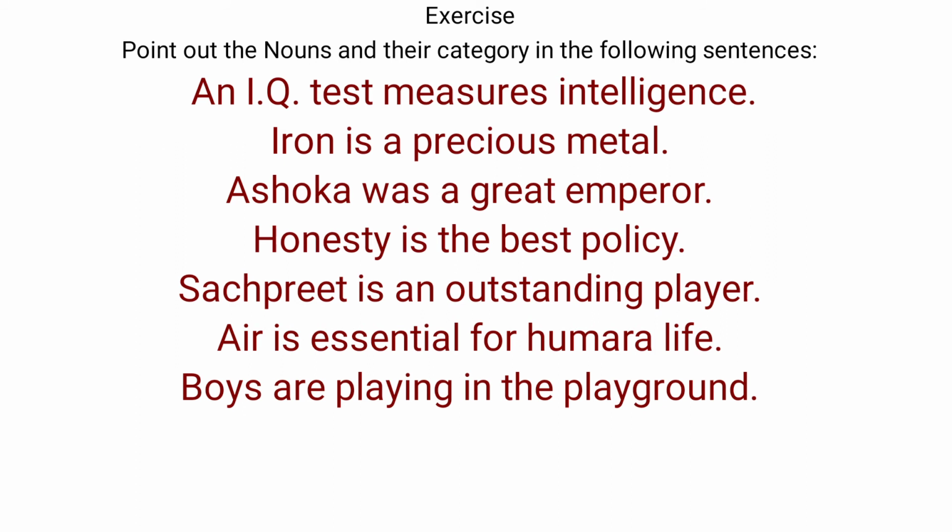We have discussed 4 types of nouns: common noun, proper noun, collective noun, and abstract noun. What is a common noun? A common noun is the name given in common to every person or thing of the same class or kind.